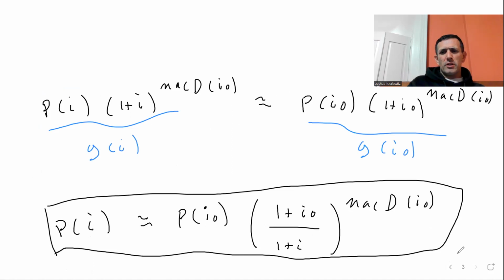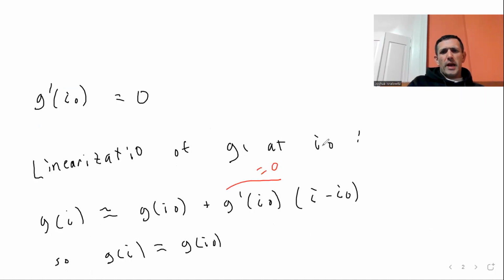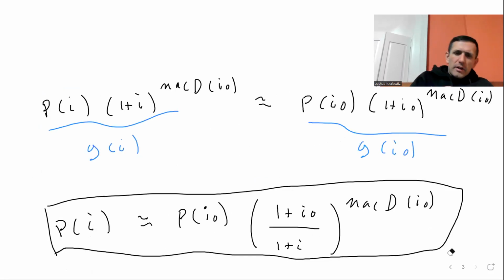Just linearization of G at I. It doesn't really tell you why this is better than first order modified approximation, but yeah, I've spent quite a few hours looking for a clear, commonsensical, intuitive reason why, and I couldn't find it.